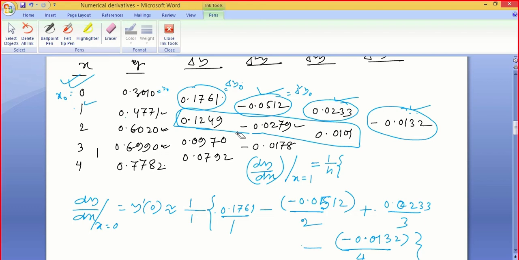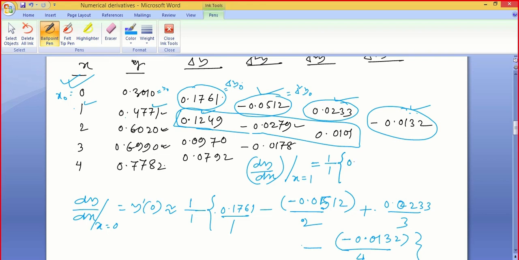Then you just tell me the values. What will be this value? h is 1 and the first difference associated with this, first difference by 1.